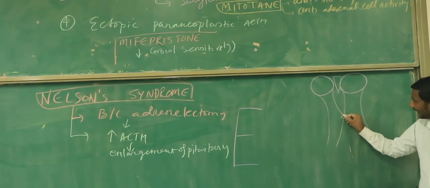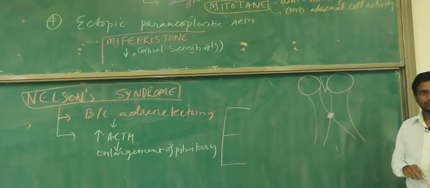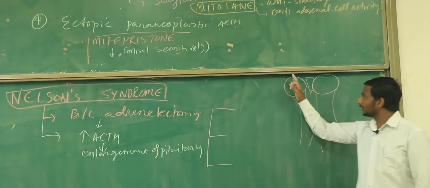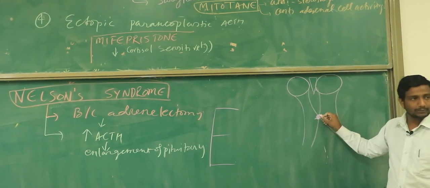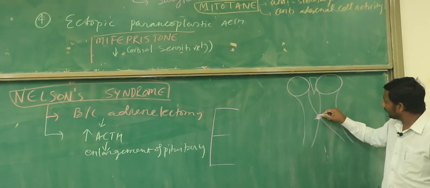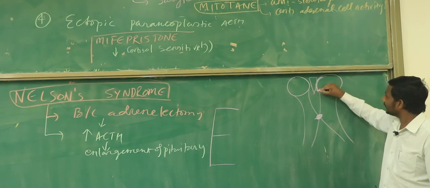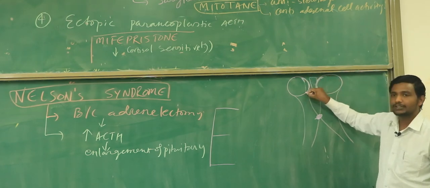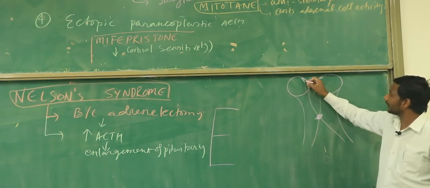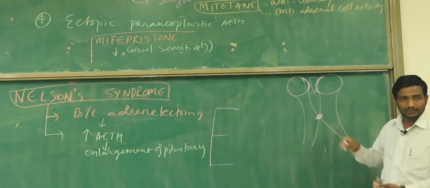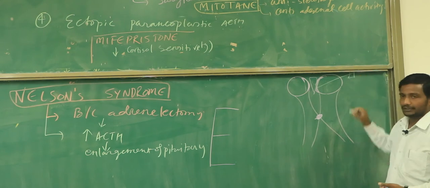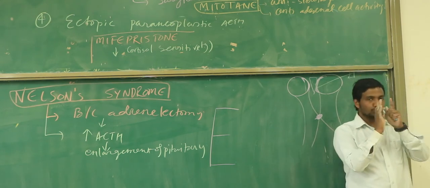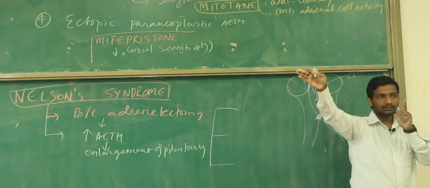So if this area is going to be obstructed by the pituitary tumor, then the medial retina, the nasal retina, is having some problem. And if the nasal retina is having the problem, it means the image will not be formed from which side? Temporal side. So the nasal retina is having the problem, it means we will not be able to see the temporal side, right?